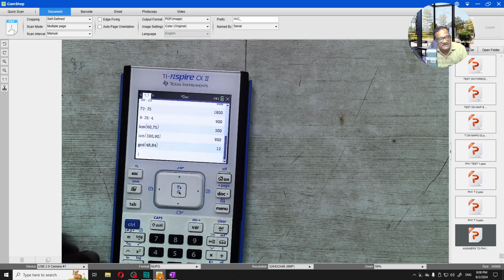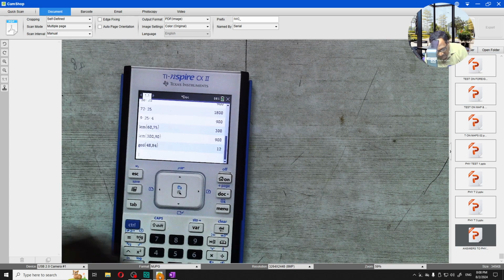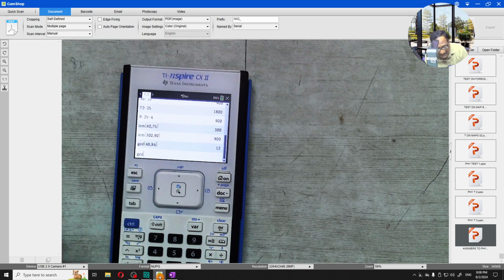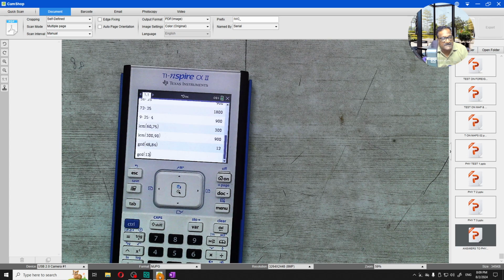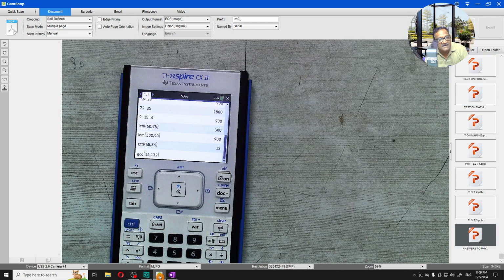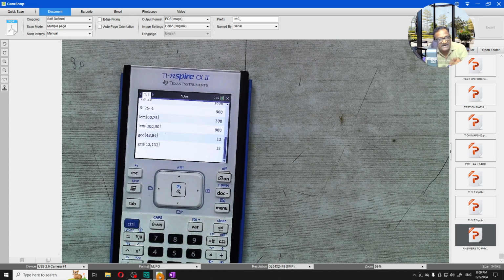Okay. Now you have a third number also, 132. So again I'll type in GCD and parenthesis. Now I'll take this 12 which was the HCF of 48 and 84, along with the third number, and the third number was 132, isn't it? Now enter, and you are getting again 12 as the answer.